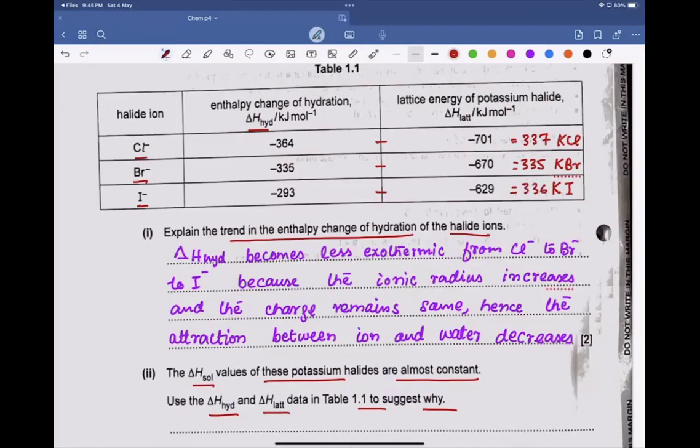Now, if you recall the expression, the enthalpy change of hydration is equal to lattice energy plus enthalpy change of solution. So for the enthalpy change of solution, the enthalpy change of hydration minus enthalpy change of lattice will be the expression to find it.